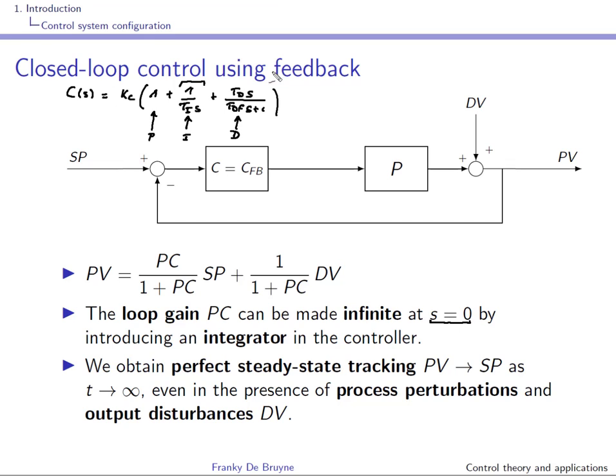So this controller has indeed this property that it makes the loop gain infinite at S is equal to 0, and this integrator will ensure a perfect steady state tracking.